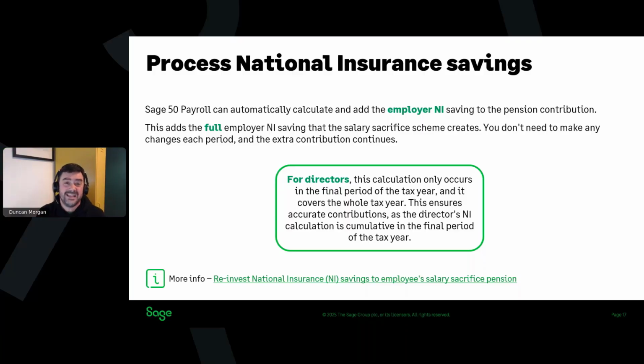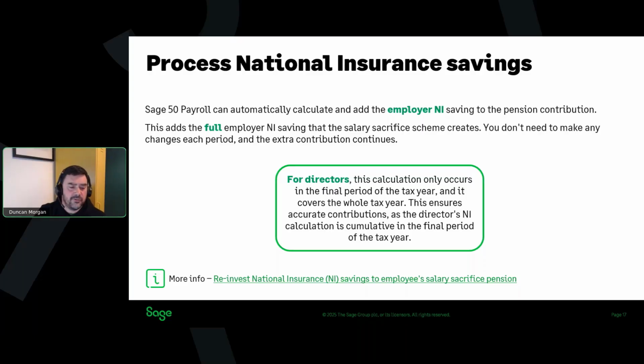For most employees, non-directors, that will happen each pay period with the setting applied. But if you do have directors, because of the way directors' national insurance is calculated on an annual calculation, the NI saving is only calculated in the last period of the tax year.